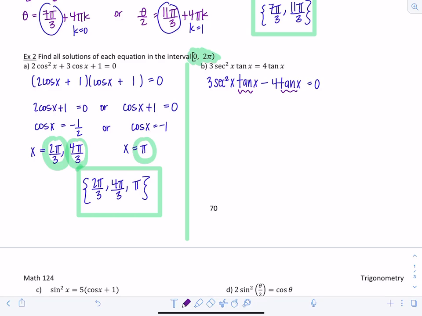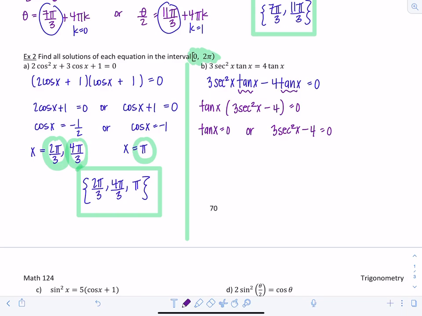So I'm going to have tangent x times 3 secant squared x minus 4 is equal to 0. And then from here, I have the equation completely factored and it equals 0, so I can set each factor equal to 0. The zero product property lets me do that. So tan x equals 0, or 3 secant squared x minus 4 is equal to 0.